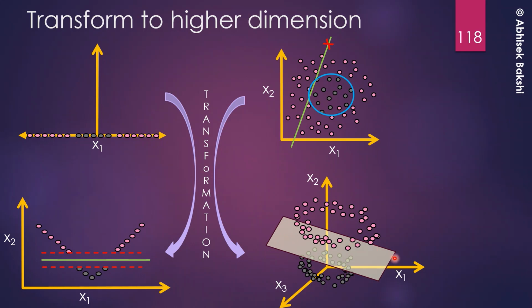Just imagine a hyperplane between these two rings, and this hyperplane can easily classify the two different classes linearly, because my goal is to find a linear plane, or linear hyperplane, or a straight line, and that is what I have done.